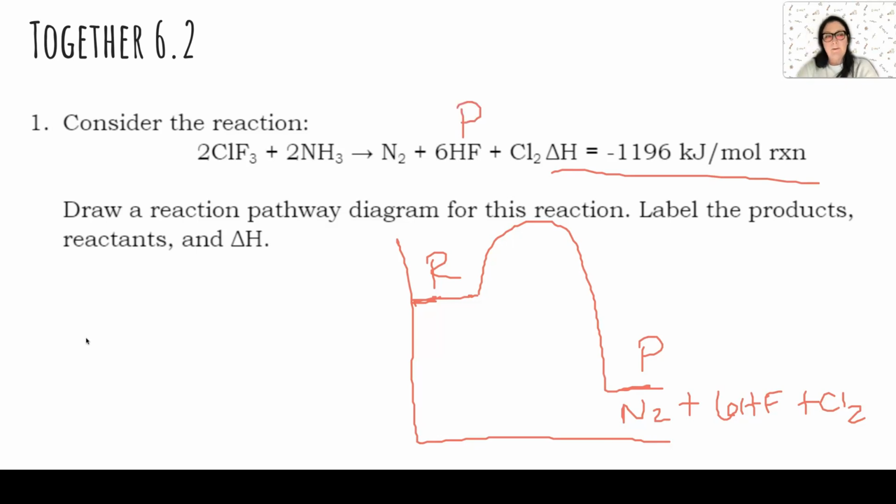They weren't real clear, so if I don't know exactly what they're asking me for, I'm going to go ahead and put both, because I don't know what they want me to do. It's best to cover all your bases. My reactants, I have 2 ClF3s plus 2 NH3s.